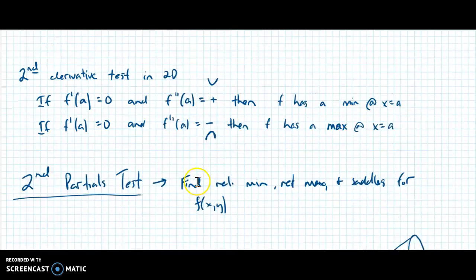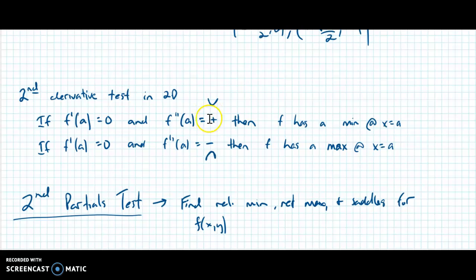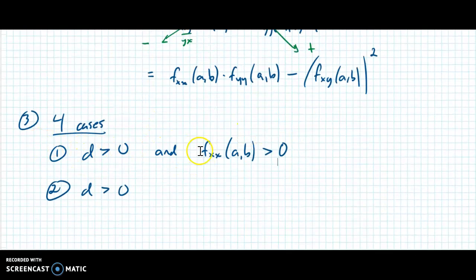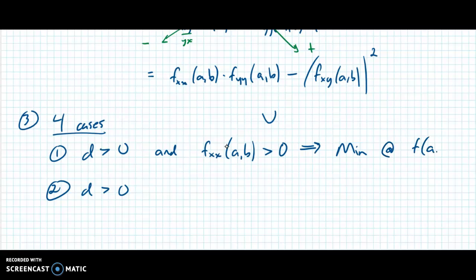That is like this piece right here in the second derivative test. Here, f double prime of my critical point is positive. What's that give me? A min. Well, it's the same thing down here. Once we get that D is greater than 0, if the second x partial is greater than 0, then we get, I'm going to draw concave up, to make sure I don't mess it up, we get a min at f of a comma b.